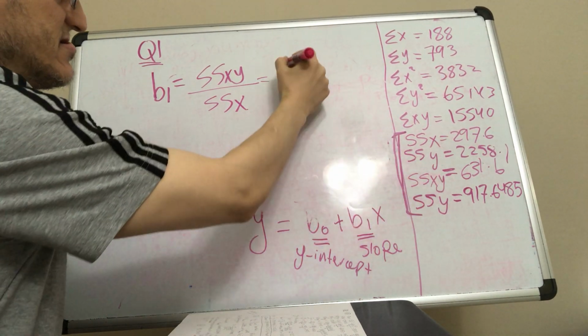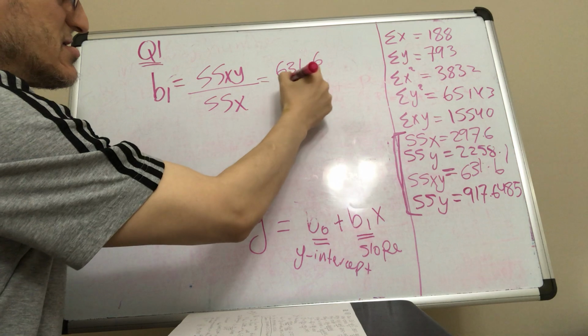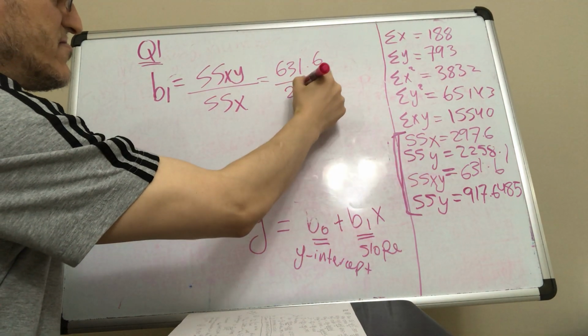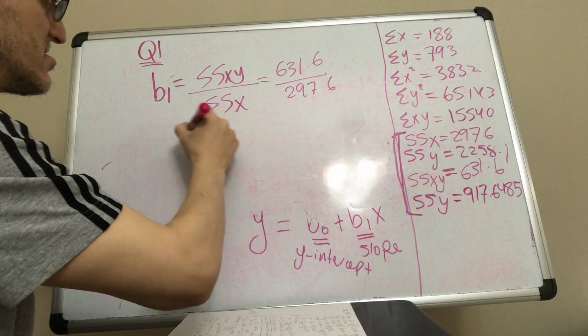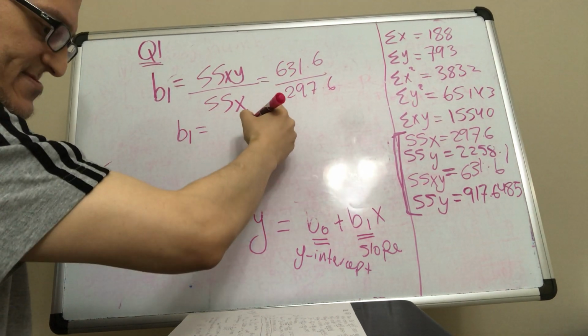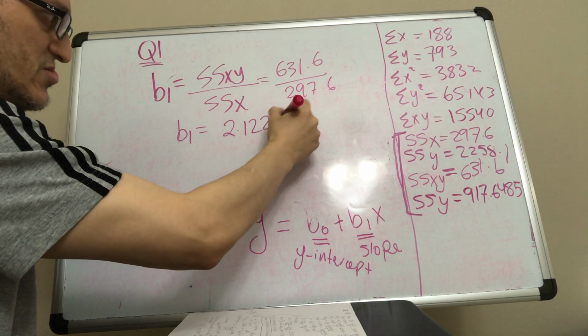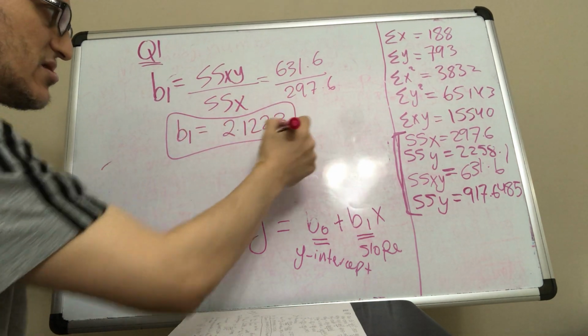So the 631.6 over 297.6. And you do this, and that gives you the slope value of 2.1223. This is your slope.